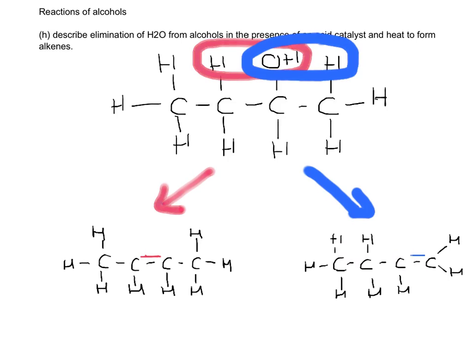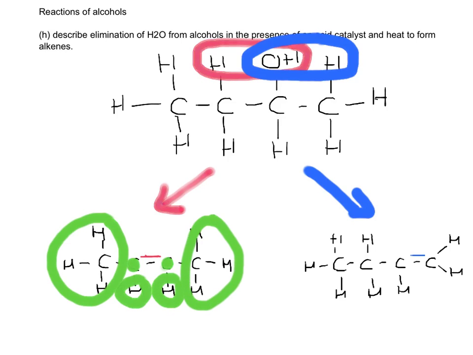Interestingly, let's look at this other side now, and I'll highlight some of the areas for you. Looking at the carbon-carbon double bond over here and here, you'll be able to see that the carbon here has a hydrogen group and a methyl group, and the carbon here has a hydrogen group and a methyl group.